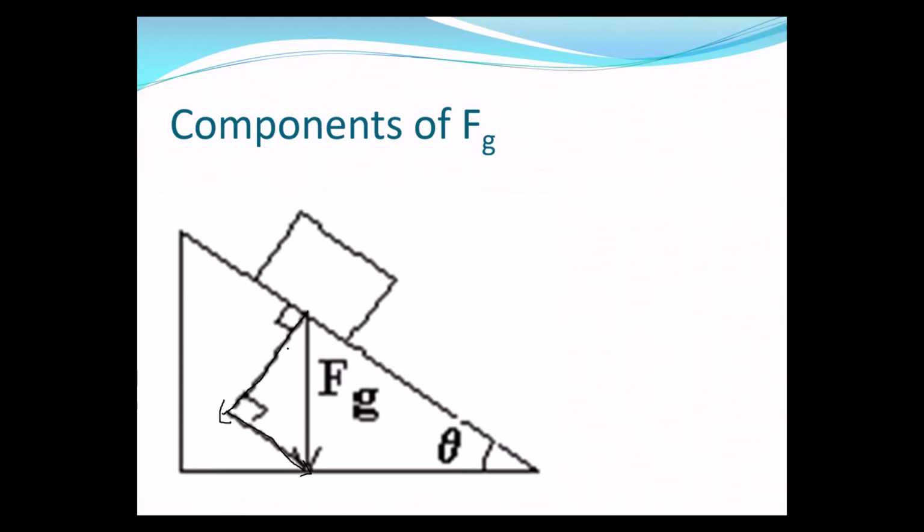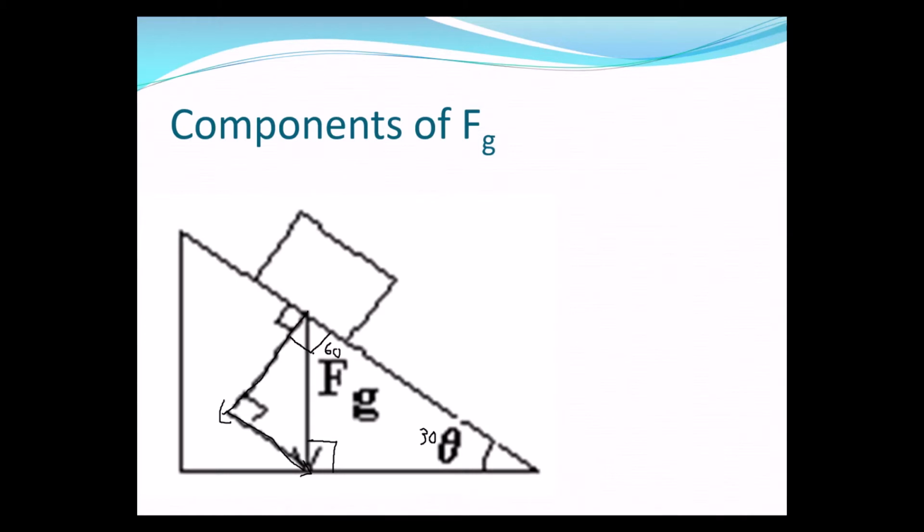So what does this angle equal in here? Well, we know that this is 90 degrees, and we know that this is 90 degrees. So let's just say that if this is 30, then this has to be 60 here, because this is 90 degrees, and then that would equal all 180, right?